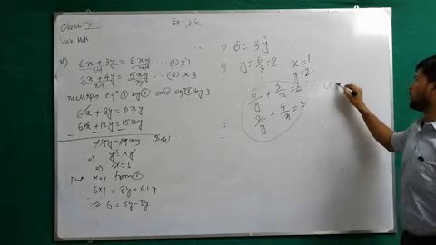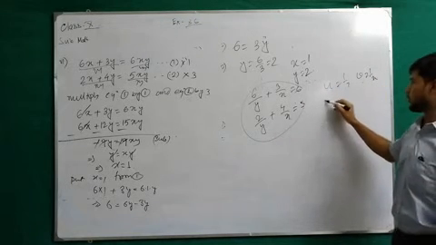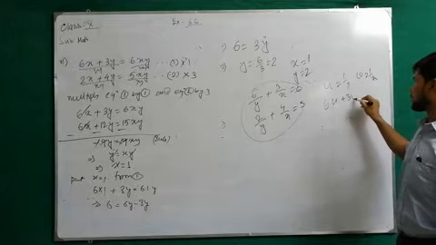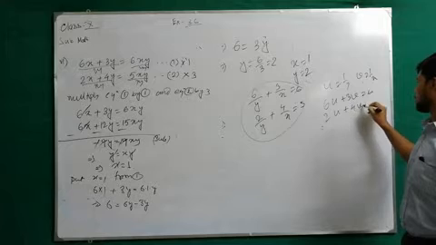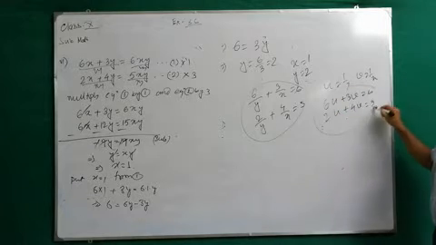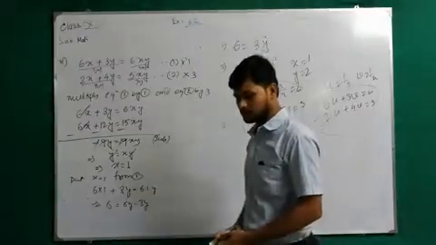Now if you take u equal to 1 by y and v equal to 1 by x, then these two equations will convert into 6u plus 3v equal to 6 and 2u plus 4v is equal to 5. Now we can also solve this. So this is another technique to solve this type of equation.